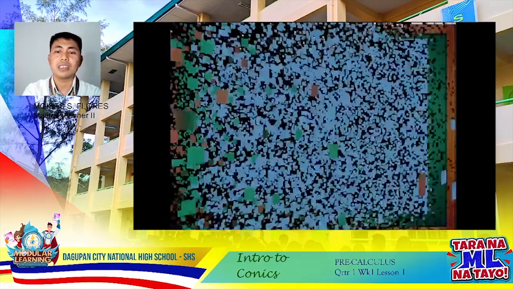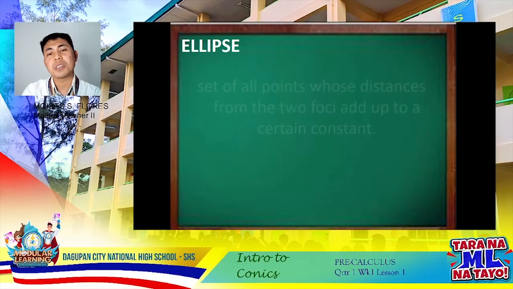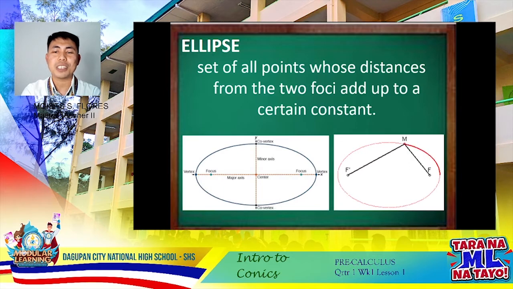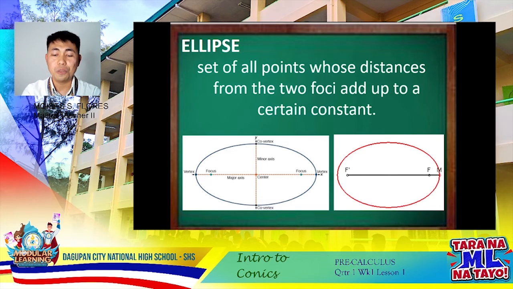So, let's formally define what an ellipse is. It is the set of all points whose distances from the two foci add up to a certain constant. This time we have two foci, two vertices on the major axis, and two co-vertices at the ends of the minor axis.